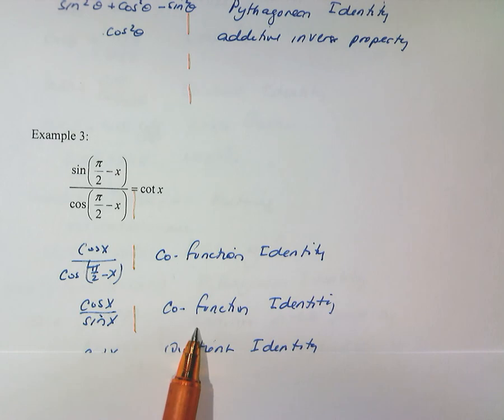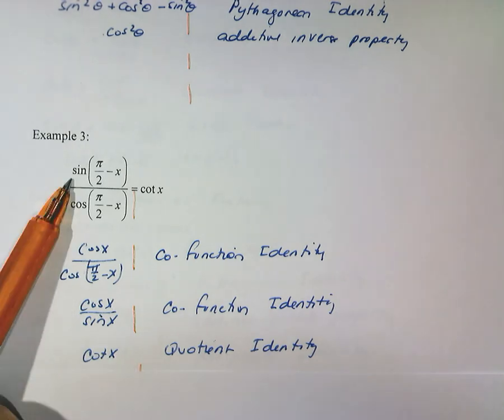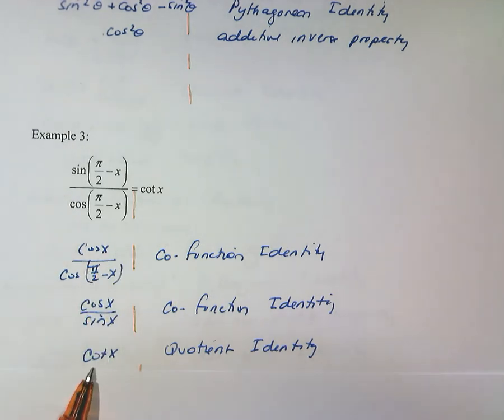That's again a co-function identity. Cosine x over sine x is cotangent x, and I use the quotient identity. So with what I started with, this is where I ended up, and each step along the way has a reason for it, a justification.